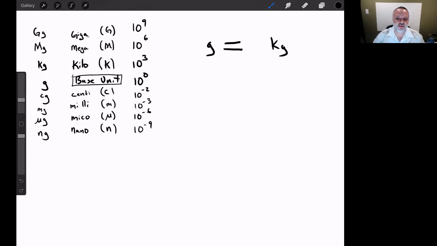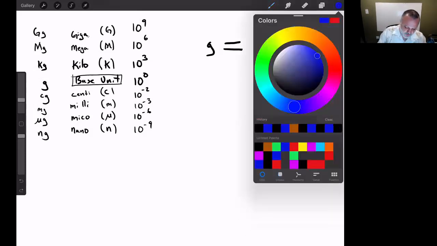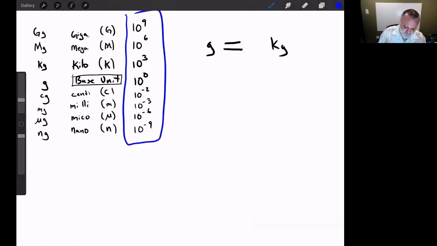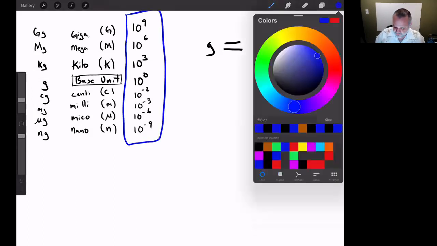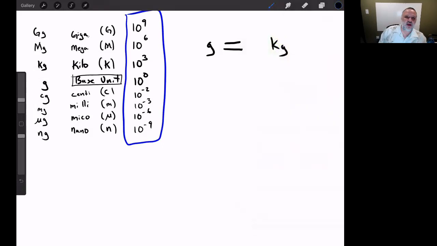How do we do this? All right. It's all about the definitions. And remember, the definitions are these orders of magnitude. These values are the definitions of the prefixes. So how do I do this? I've made the comparison between grams and kilograms, and I want to write the equality down, and I want it to be true. So I need to put the numbers in there correctly.